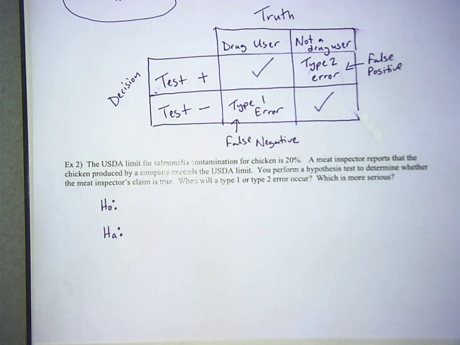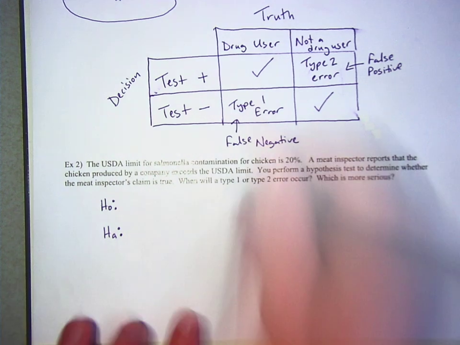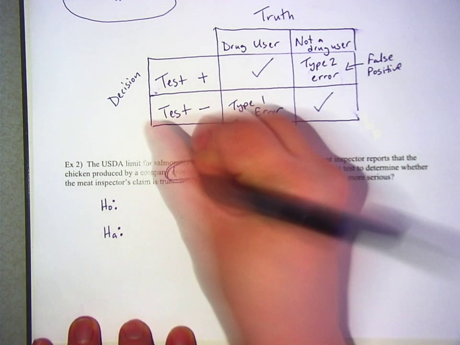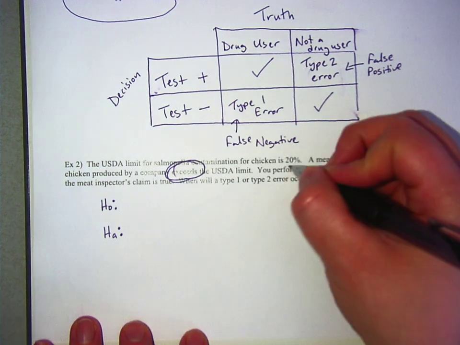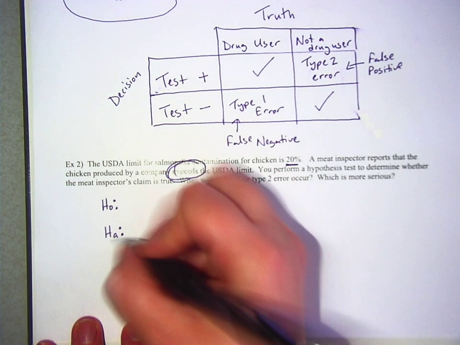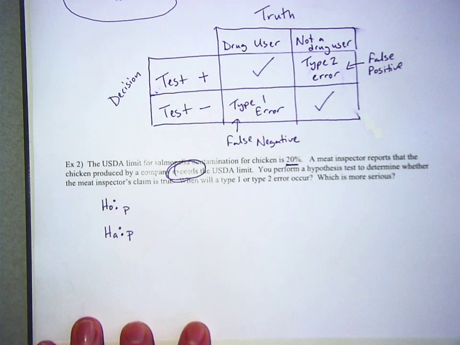The meat inspector reports that the chicken produced by the company exceeds the limit. That's what his hypothesis is, that they exceed it. So what should I write? Nope, it's not mu because it's a proportion. So P for proportion exceeds.